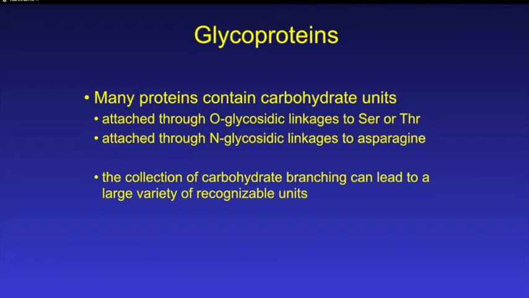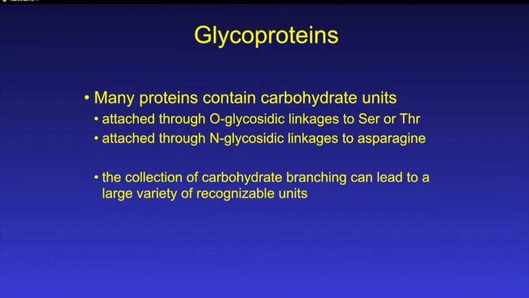The N-glycosidic linkages could be through several different nitrogens: asparagine, glutamine, histidine, arginine, and lysine, but what we see is that sugars are normally attached to asparagine. So what does this mean?